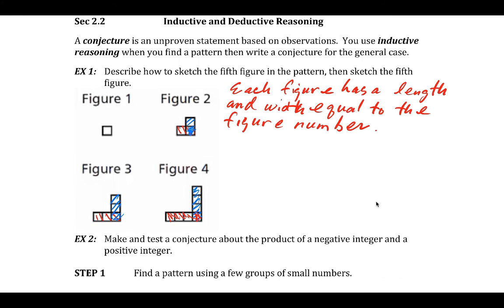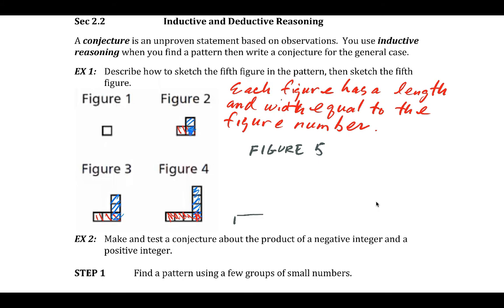So knowing that, you should be able to tell me that figure 5 will have, again, my boxes don't have to be perfect. Well, they have to be a little better than that. That's pretty good.